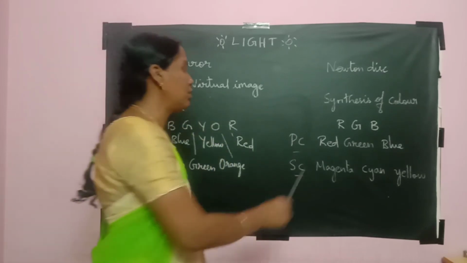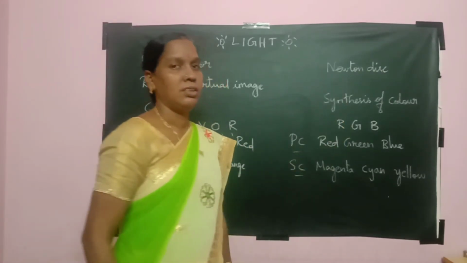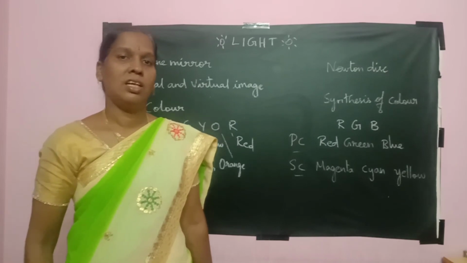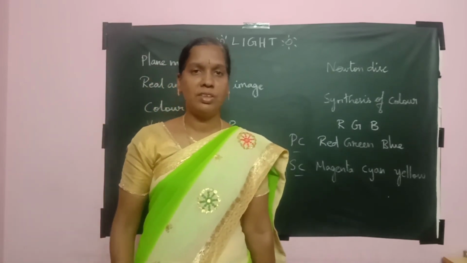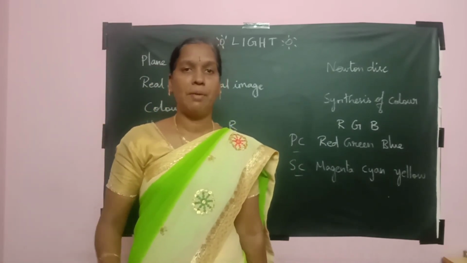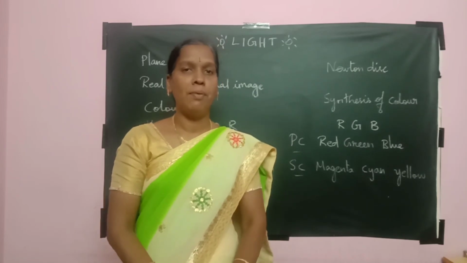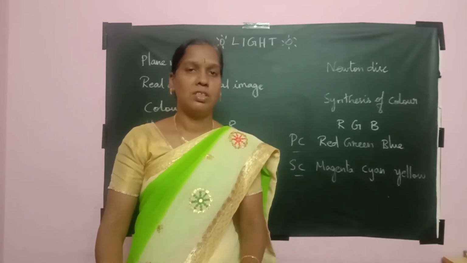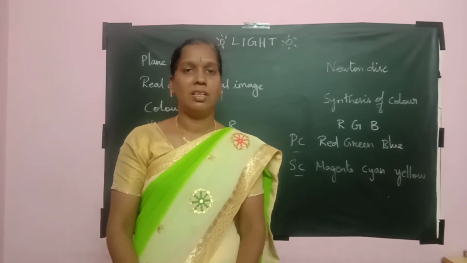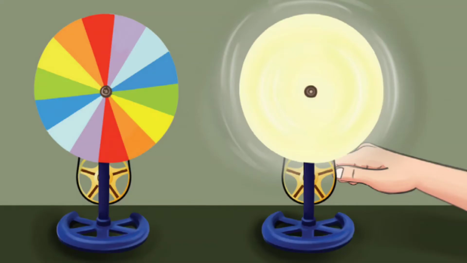Then next we move on to Newton's disc. The scientist Newton wanted to prove that when those 7 colors are mixed together, they form white color. So he made an arrangement as given in the figure.